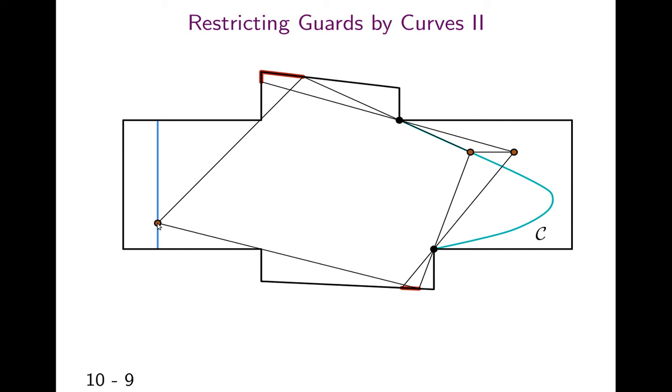Because let's say we look at some positions of the left guard above this brown position. Well, it would see more here, but it would see even less there. So if we look at any position on top, we cannot expect to see this.